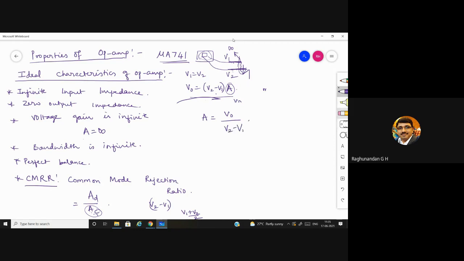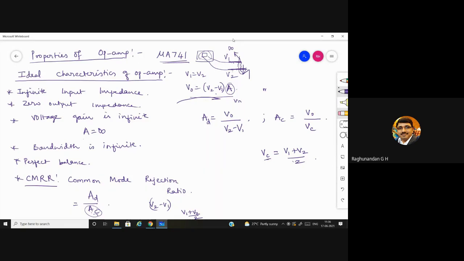The gain obtained in this way is the differential gain. But for the common mode gain AC, we are going to take V0 by Vc. Vc is obtained by V1 plus V2 by 2. Since the noise is commonly added to both the terminals, we take the average of that, and that will be the common mode voltage which is added.